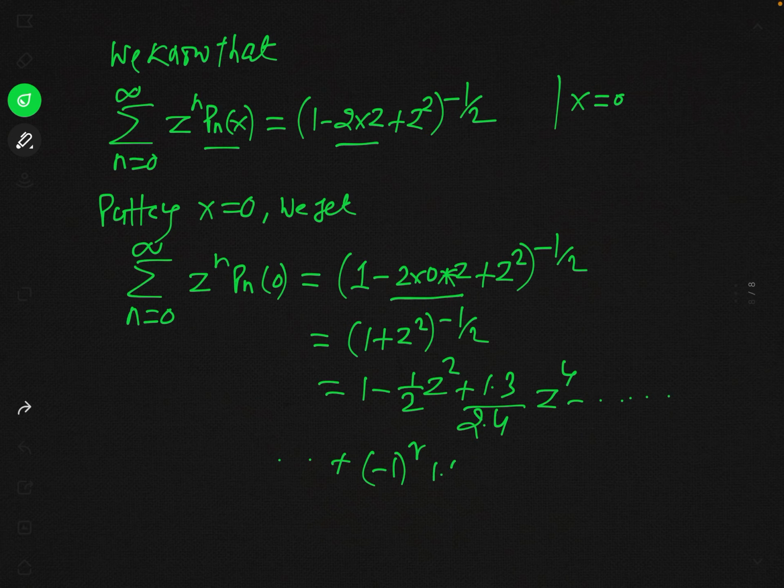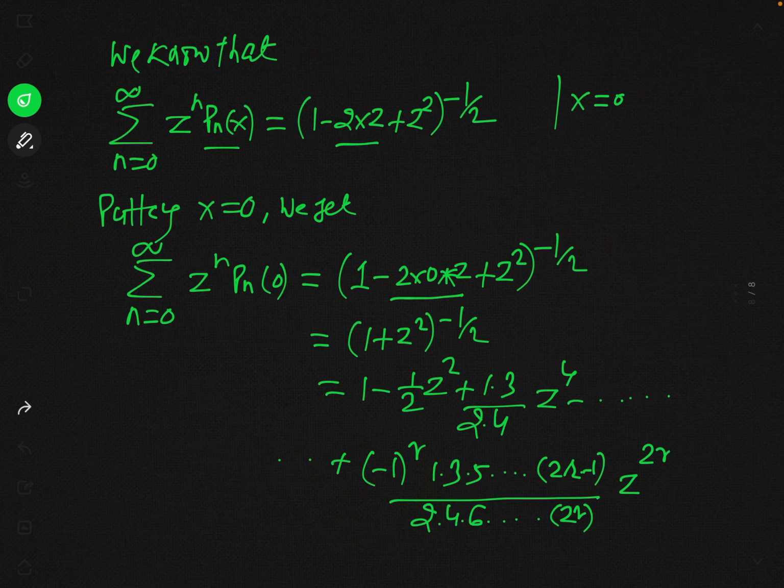You can say that this will be plus minus 1 to the power r into 1 into 3 into 5 into so on into 2r minus 1, divided by 2 into 4 into 6 into so on into 2r, into z to the power 2r.